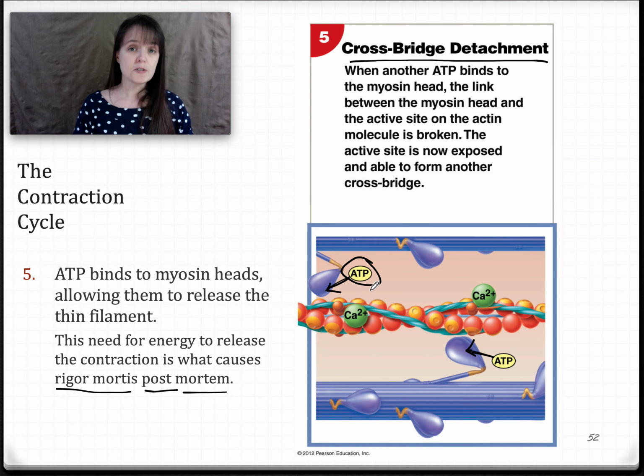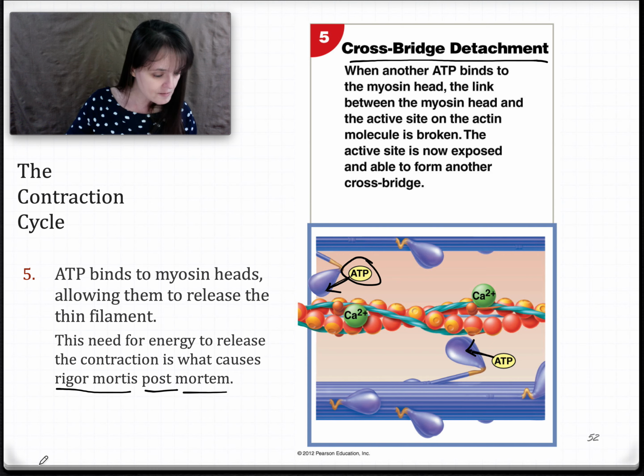Now, eventually, rigor mortis does end because the Z lines will break down as the body starts to degrade more. So then the rigor mortis is over. So that's why.